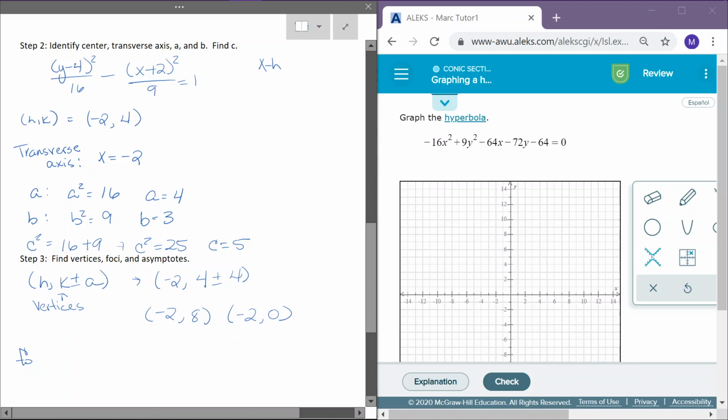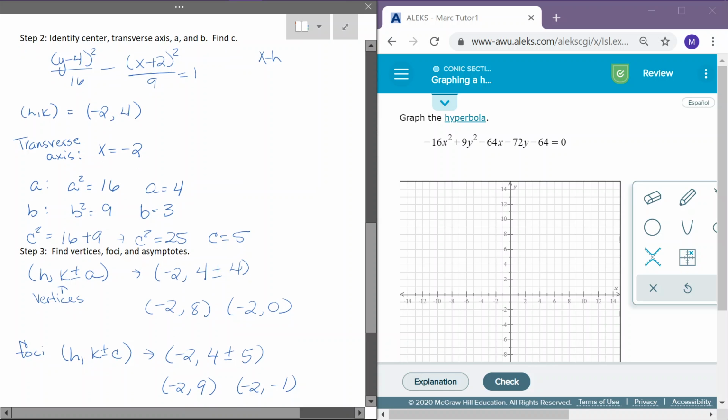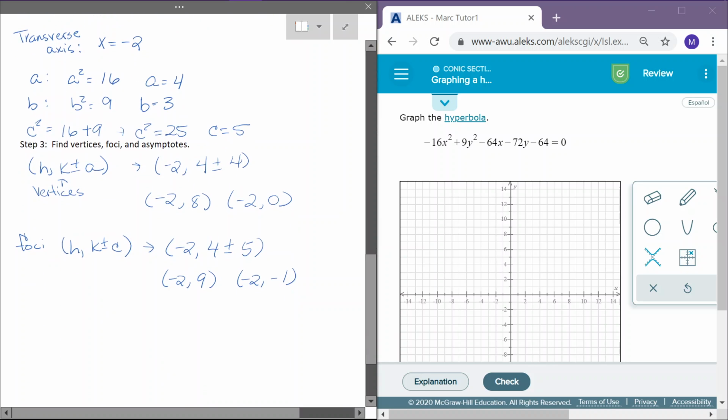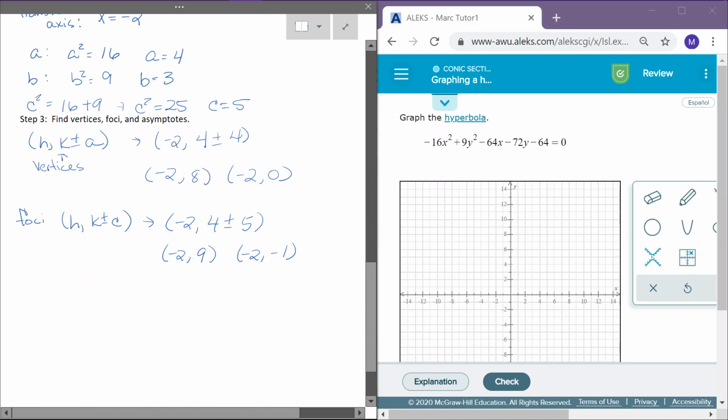Next, let's look at our foci, which are (h, k plus or minus c). So that will be negative 2, comma, 4 plus or minus 5. That gives me negative 2, comma 9, and negative 2, comma negative 1. And then lastly, let's find our asymptotes.